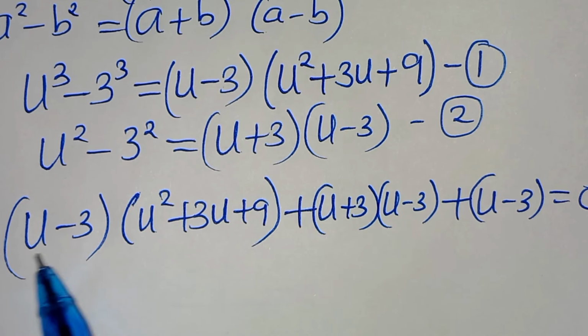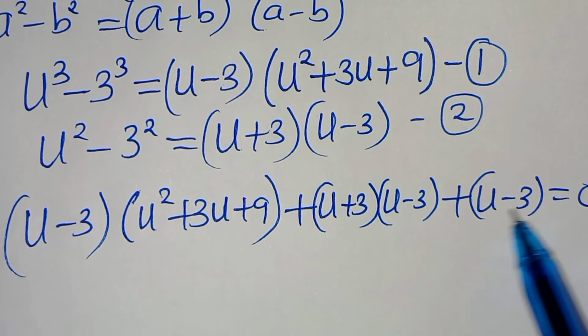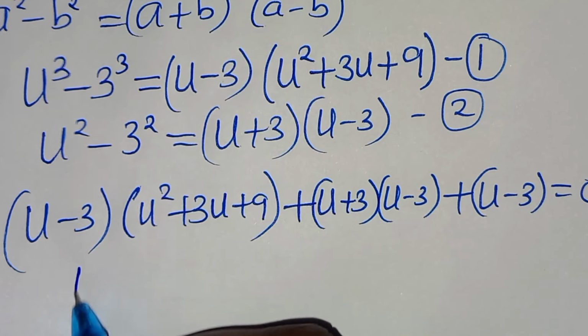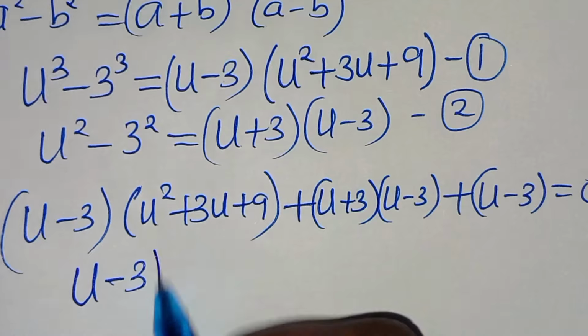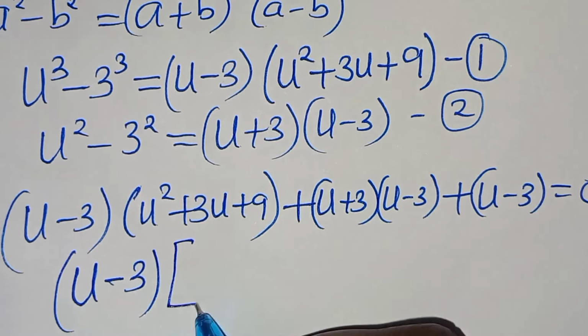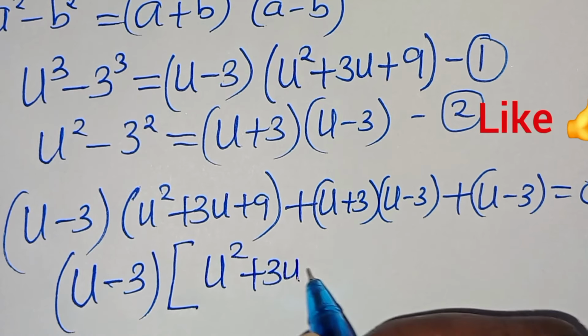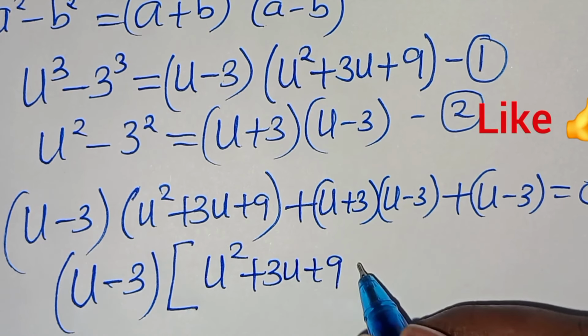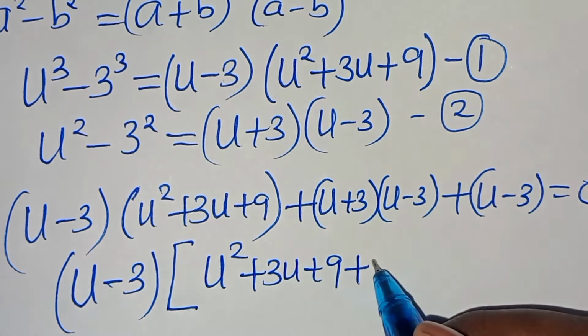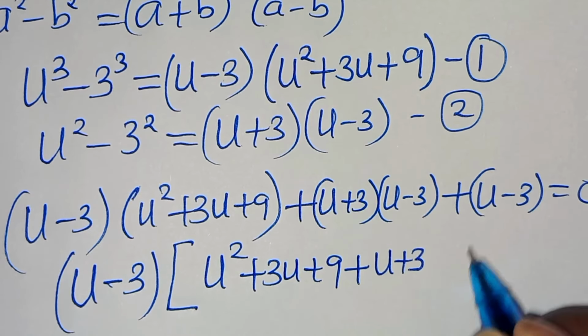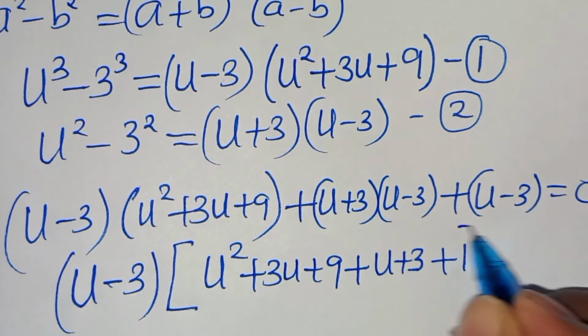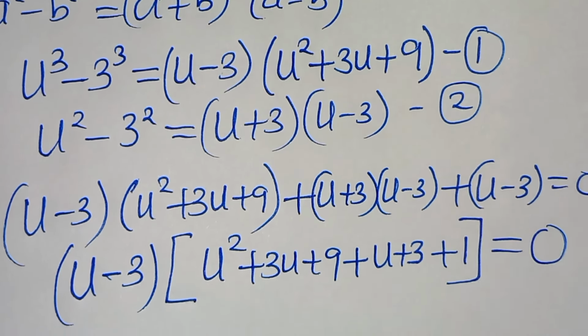So we have that u minus 3 is common here. So we can factor out u minus 3. Into the parentheses, we'll have u squared plus 3u plus 9, then plus u plus 3, then plus 1, close the parentheses, this is equal to 0.